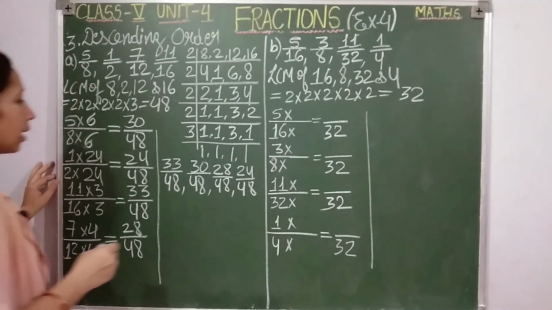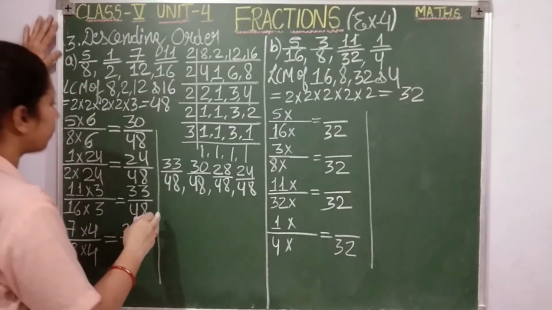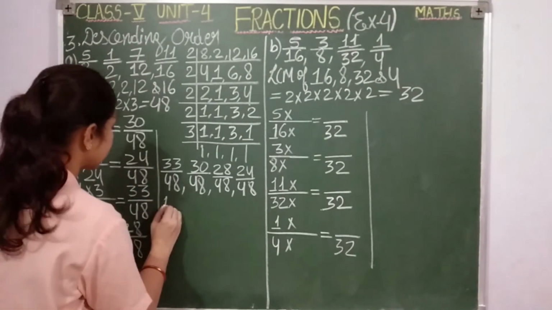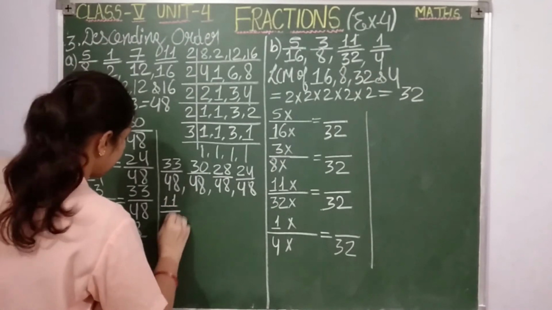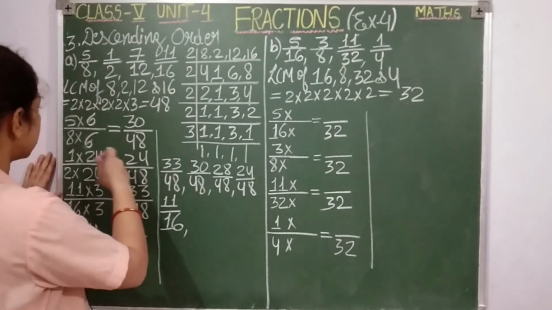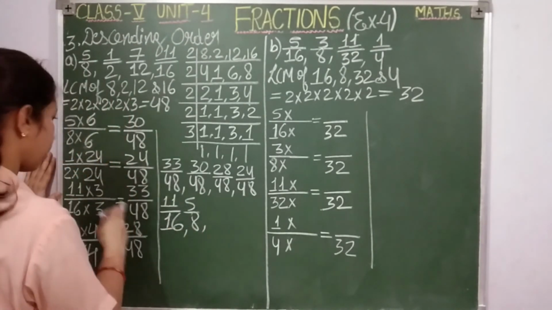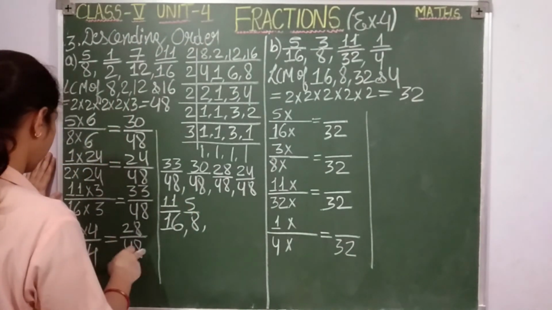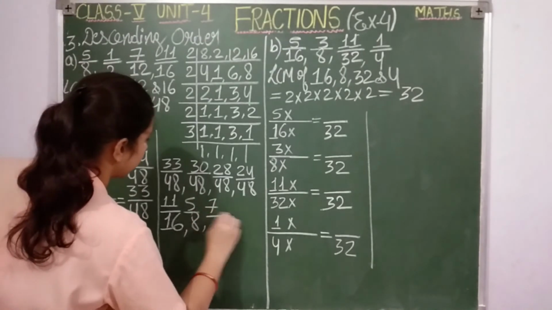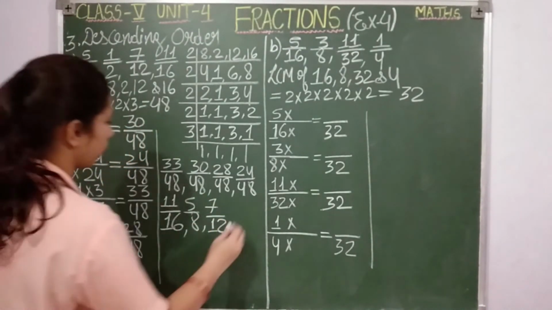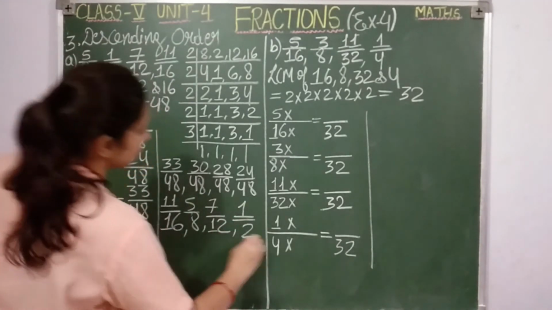Clear, students? Now arrange it according to the actual fractions. 33 by 48 means 11 by 16, then 30 by 48 means 5 by 8, then 28 by 48 means 7 by 12, then 24 by 48 it was 1 upon 2. So it is arranged in descending order.